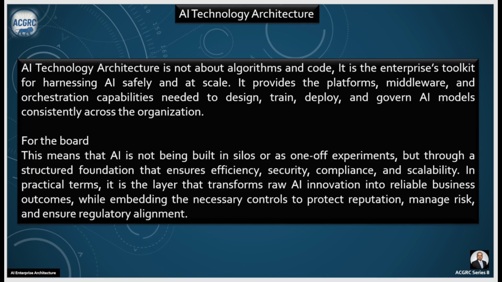AI technology architecture is not about algorithms and code. It is the enterprise toolkit for harnessing AI safely and at scale. It provides the platform, the middleware, and orchestration capabilities needed to design, train, deploy, and govern the AI models consistently across the organization.